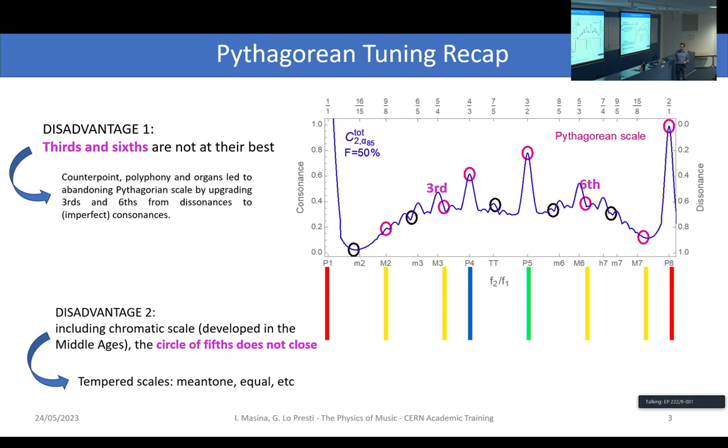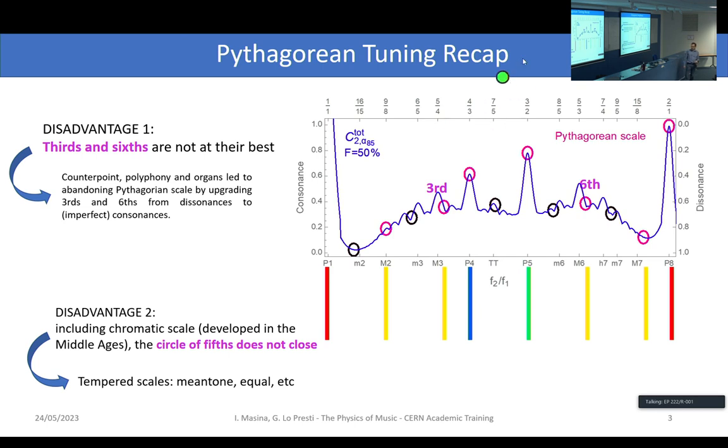The two things that were evident out of the analysis yesterday: first, some intervals that nowadays are considered very important, especially the third, are not really matching the peak of consonance that you can see at the proper ratio, the pure third. They are quite off, so they sound bad.